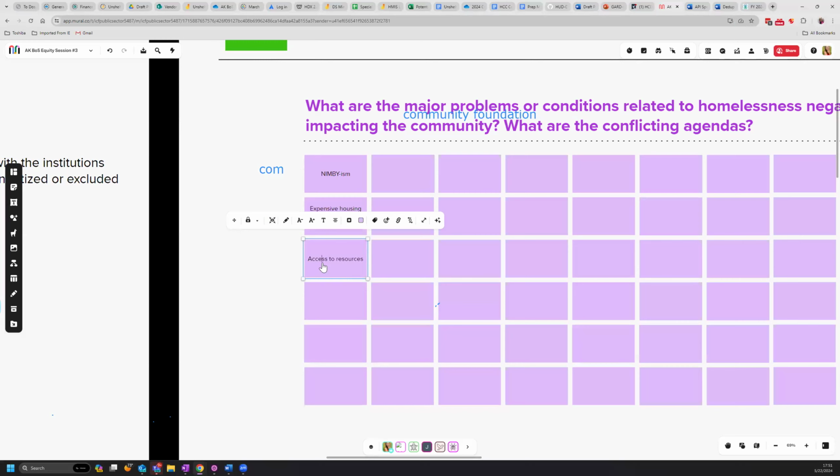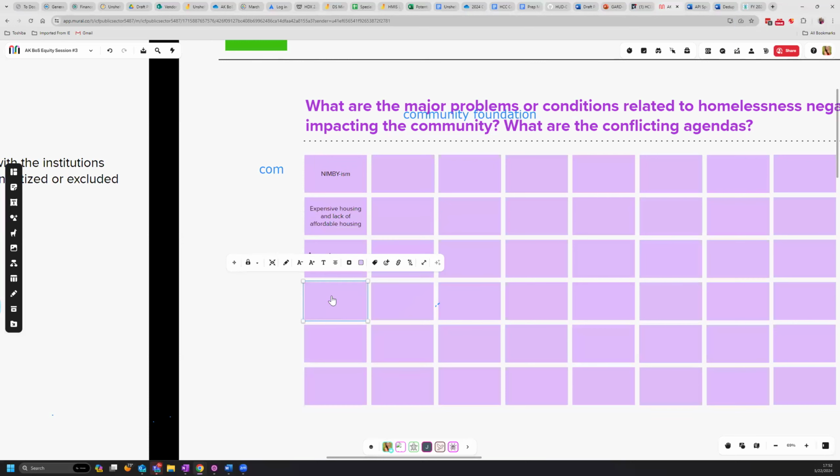I would say actually the literal access to resources at times. We have a lot of folks who are moved out of proximity due to behavioral issues or whatever, and then they can't physically access those resources because they aren't allowed to be in the area. Got it. That was super helpful. I'm going to put literally so that I remember what we did.